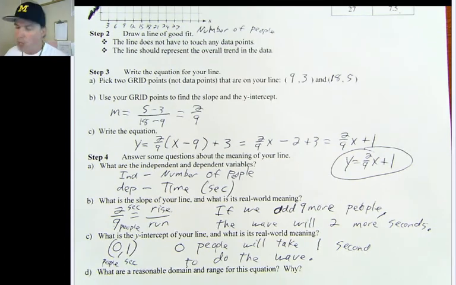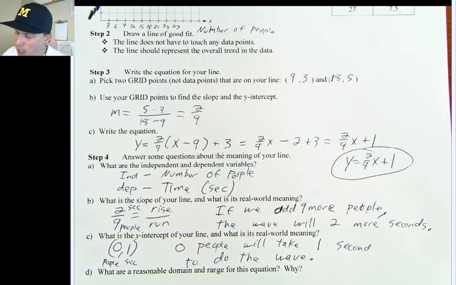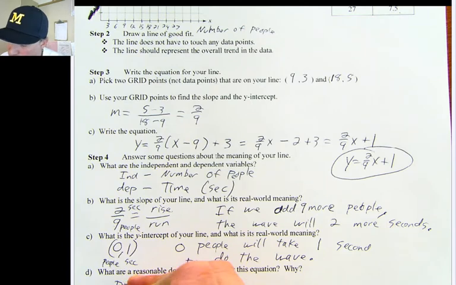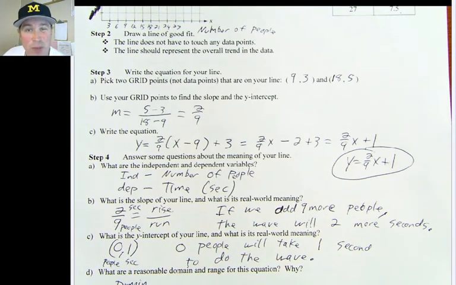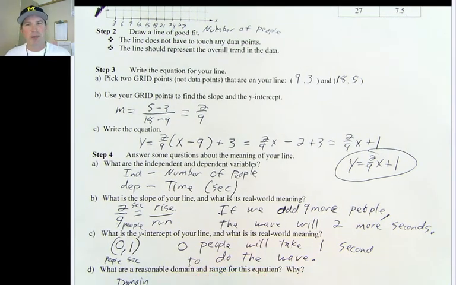At least I do. Reasonable domain and range for this function. Domain. Is it reasonable to have 0 people do the wave? No, that's not reasonable. But wait, is it reasonable to have 1 person do the wave?